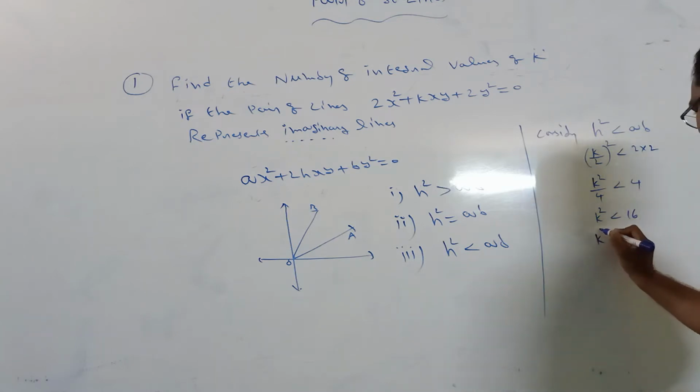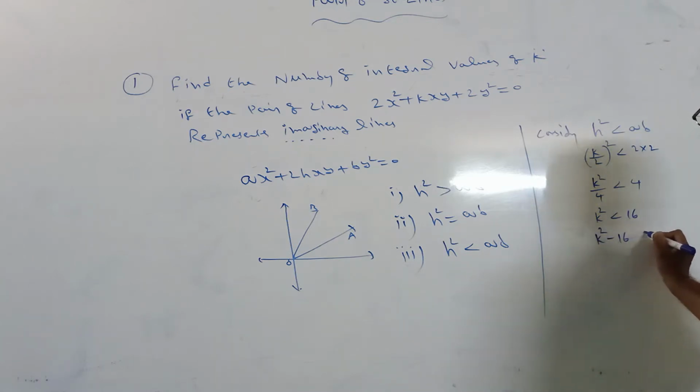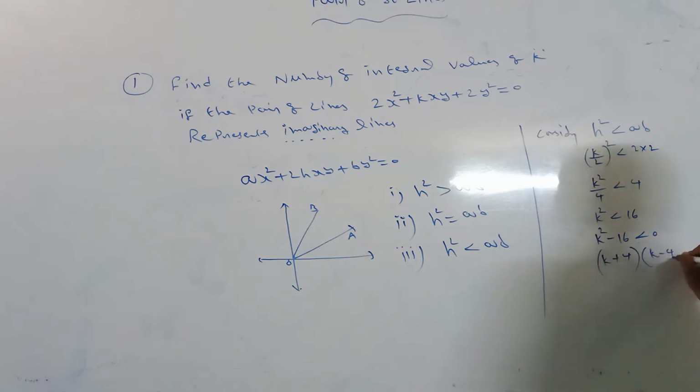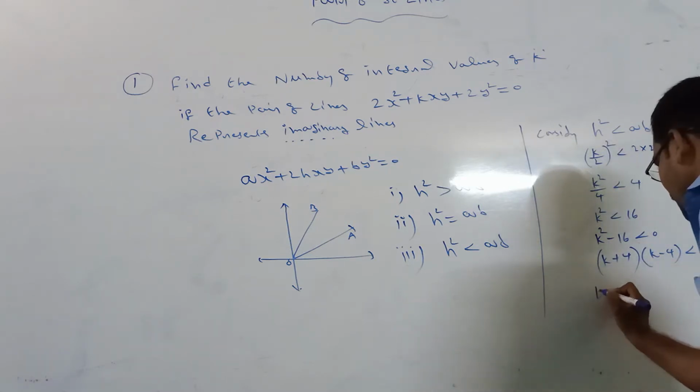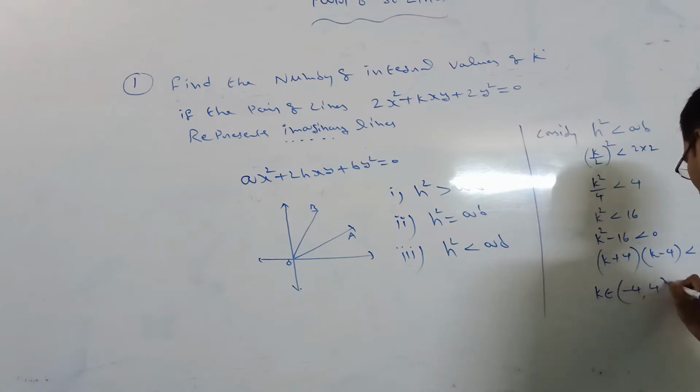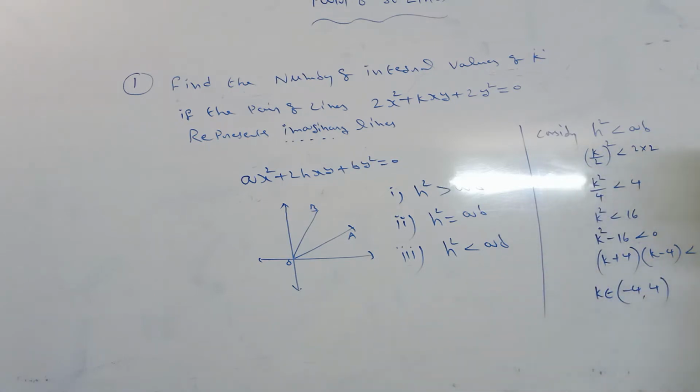So the quadratic inequality is k square minus 16 less than 0. Then k plus 4 into k minus 4 less than 0. According to quadratic inequality, k belongs to open interval minus 4 comma plus 4. So I want to count how many integers are in this range.